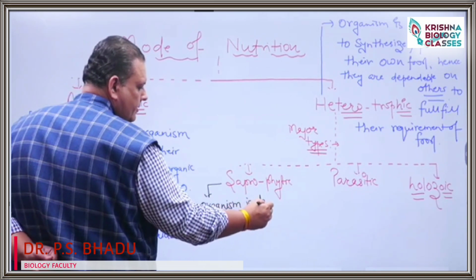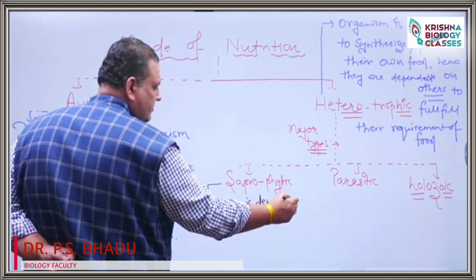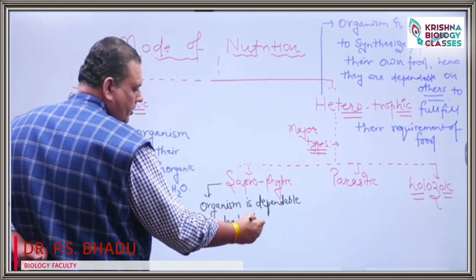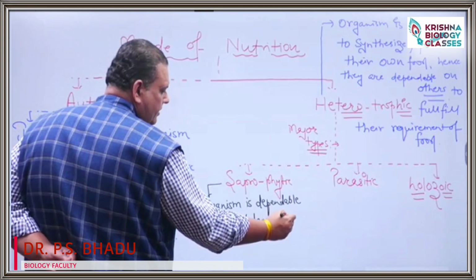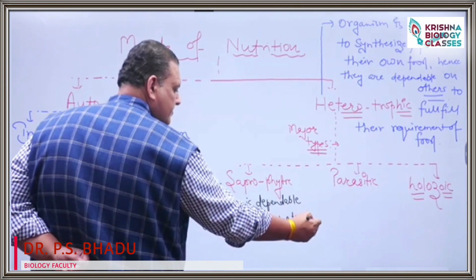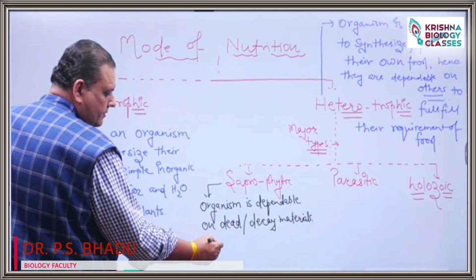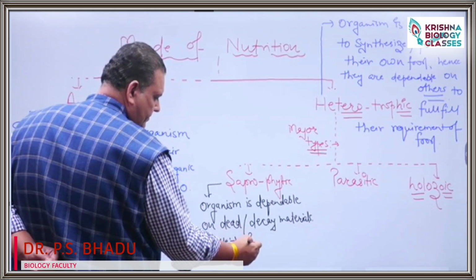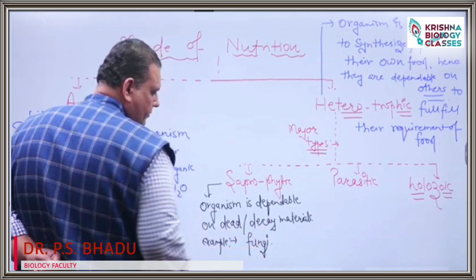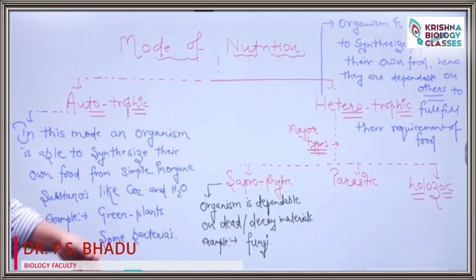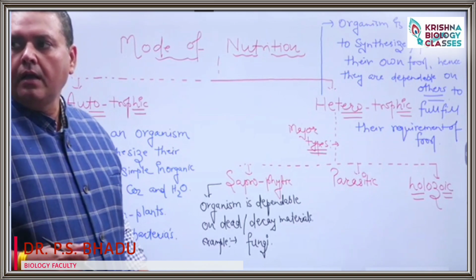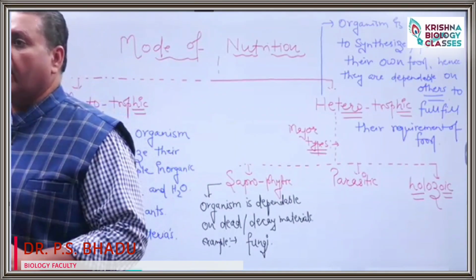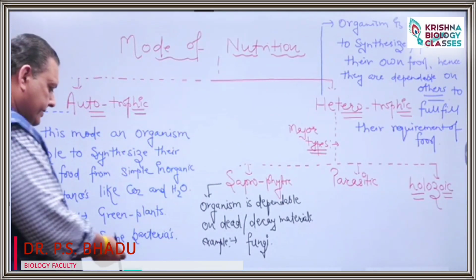Examples: fungi. Parasitic. In parasitic mode of nutrition, an organism is dependent on another living organism.